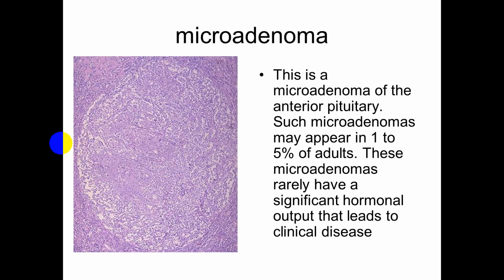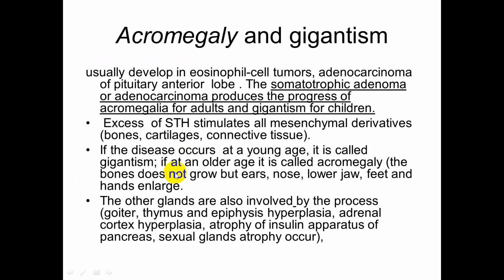Also, in this microscopic picture you can see signs of microadenoma of the anterior pituitary. Such microadenomas may appear in 1 to 5% of adults. These microadenomas rarely have a significant hormonal output that leads to clinical disease.